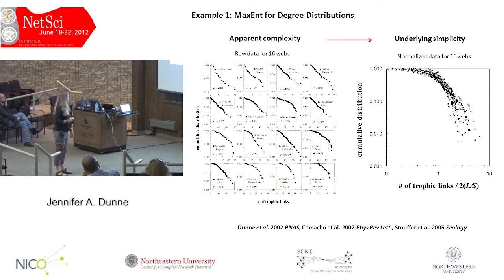And the work out of Luis's lab, Camacho et al., Physical Review Letters in 2002, a paper that I and Rich and Neo published in PNAS, and then work by Daniel Stouffer with Luis Amaral, basically shows this: when you look at the raw data for food web degree distributions, there seems to be a lot of variation in the shape of the distribution, but then when you normalize it for links per species in the network, you find an underlying simplicity of pattern, a non-power law, more exponential type distribution. This is an old result.